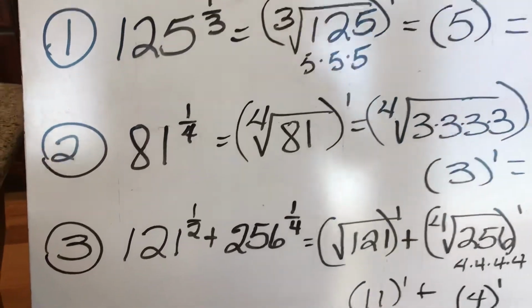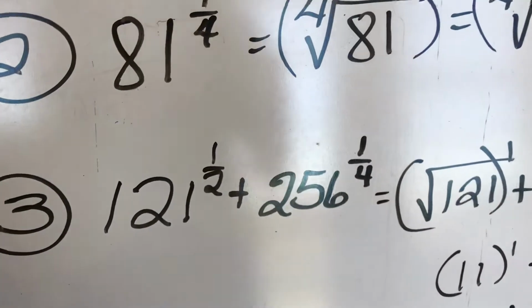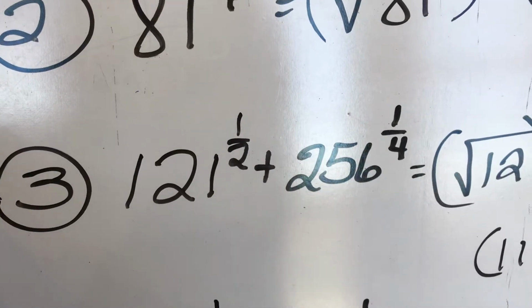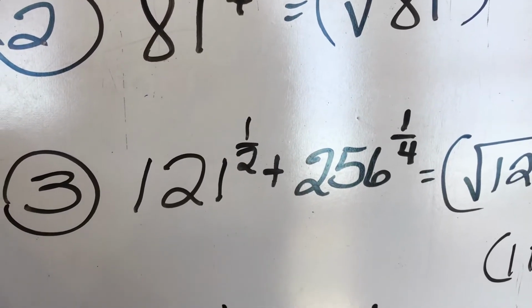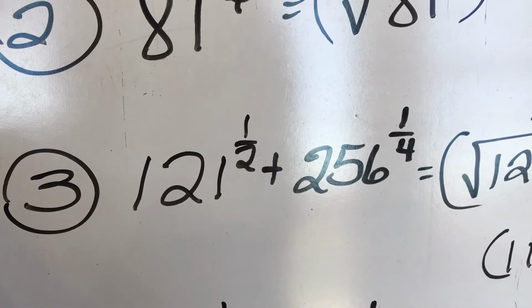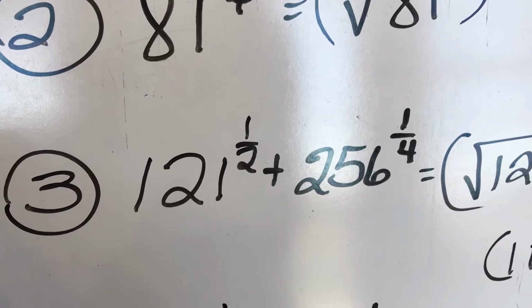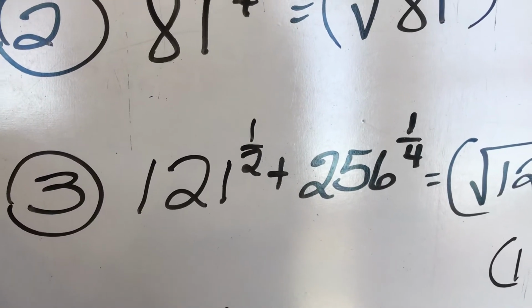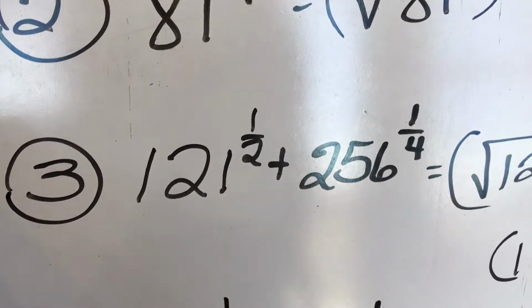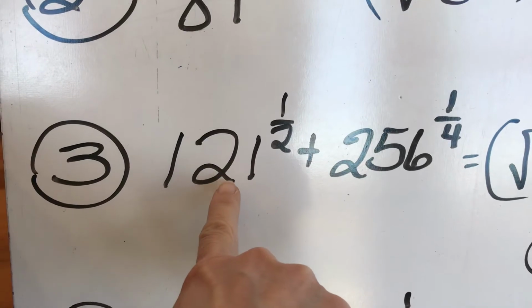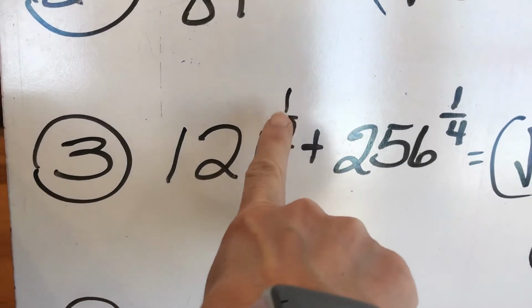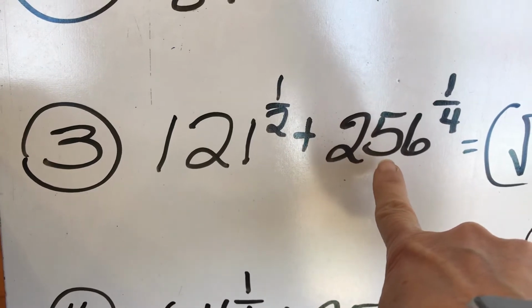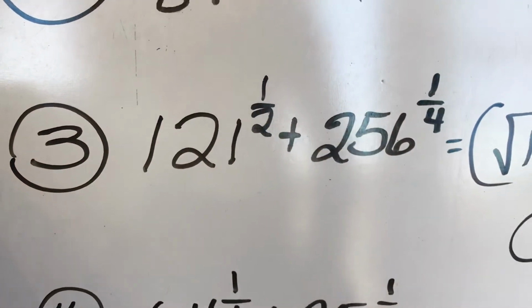Okay, the next thing I'm going to do is mix it up a little bit. I'm going to take 121 to the 1/2 power plus 256 to the 1/4 power. So I have to take the square root of 121 and raise it to the first power, and I've got to take the fourth root of 256 and raise it to the first power.